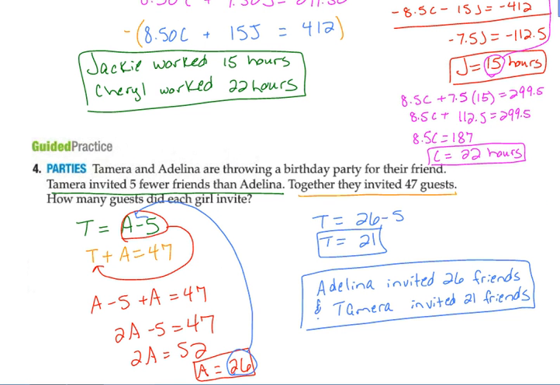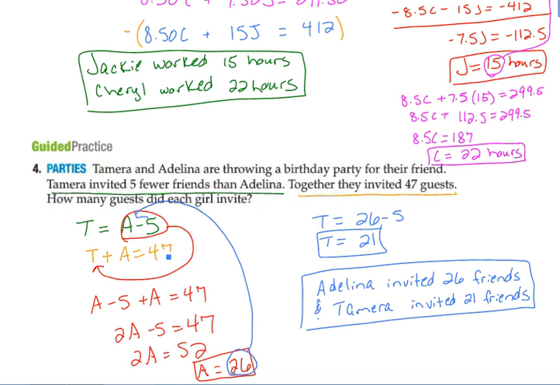Okay, two equations here. Tamra invited 5 fewer friends than Adelina. So Tamra is Adelina minus 5 friends. Together, there's our clue word for our second equation. They invited 47 guests. So Tamra and Adelina equal our 47.